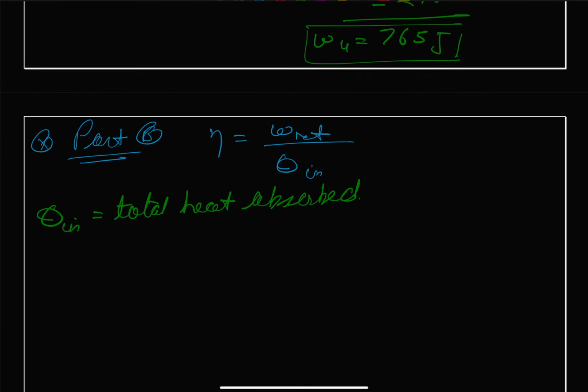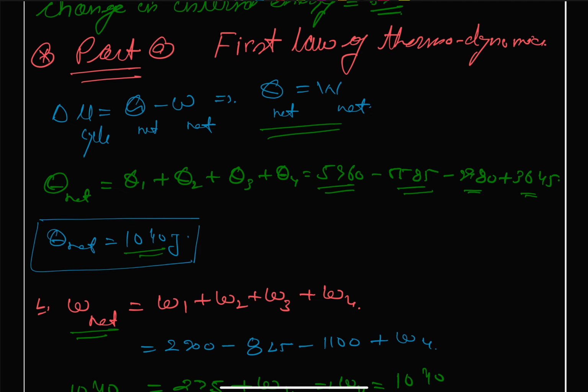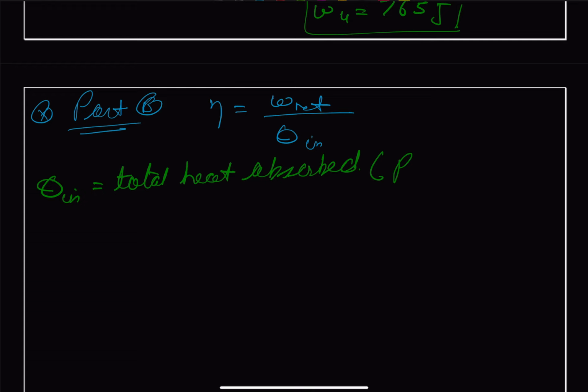So the heat absorbed will be only the positive values of Q. It means 5960 and 3645. So Q in is the total heat absorbed, or we can say positive Q.